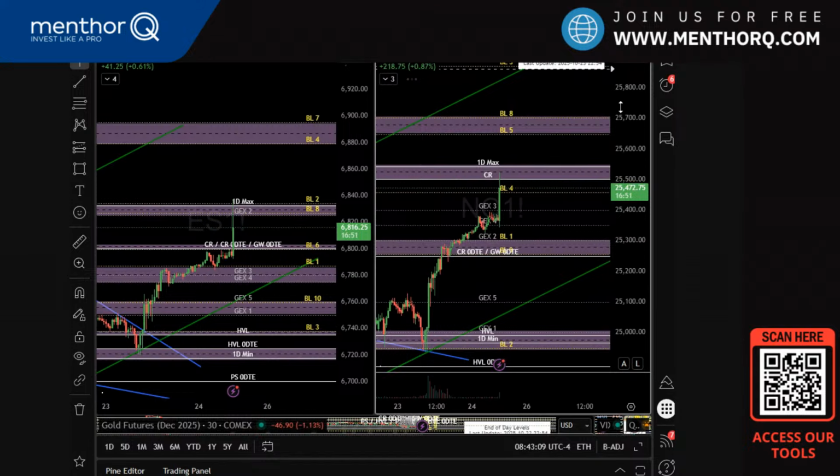But if you have a really strong momentum and you have a follow through, what you can really do is target the 1-day max. And when you're approaching some other major levels, gamma levels or blind spots, then you can start to take partial profits. But don't make the mistake and take the winners, the runners, too early.